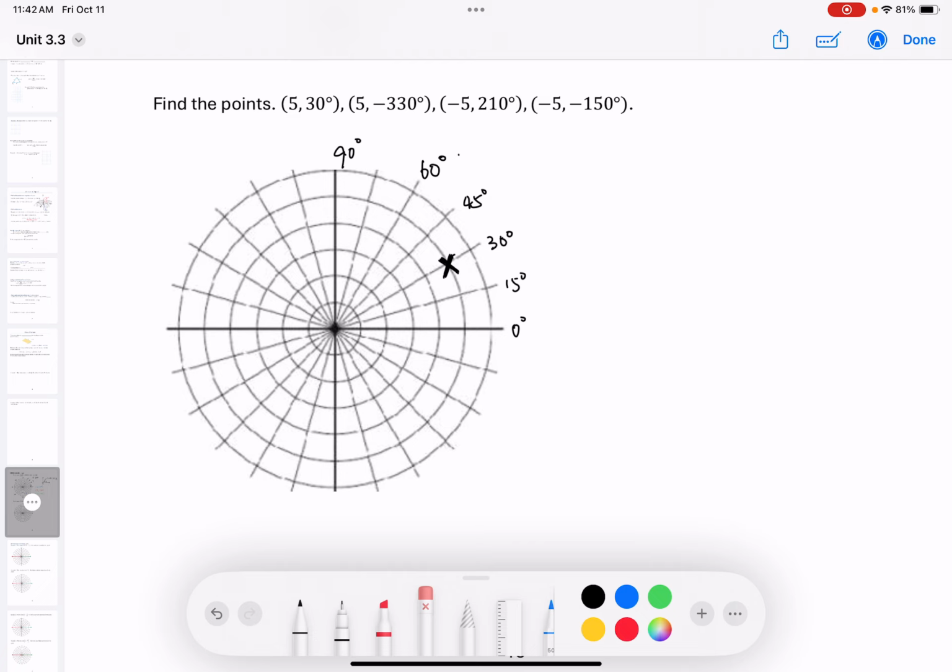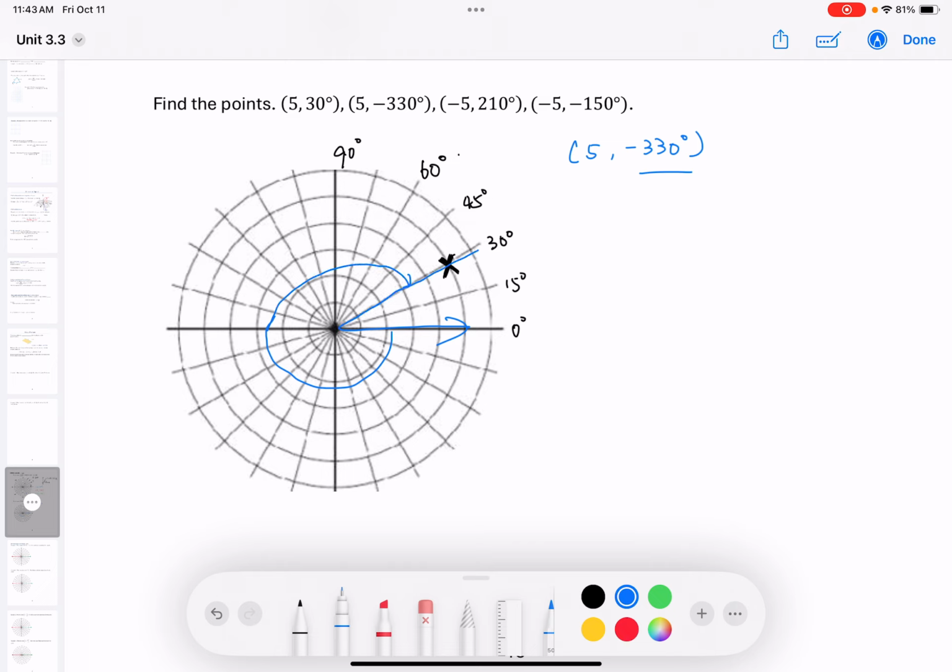For the second, I'm using a different color. Let's use blue: (5, -330 degrees). Where is the angle? Angle first. -330 degrees: I'm starting from the initial side and rotating clockwise, so I stopped here.